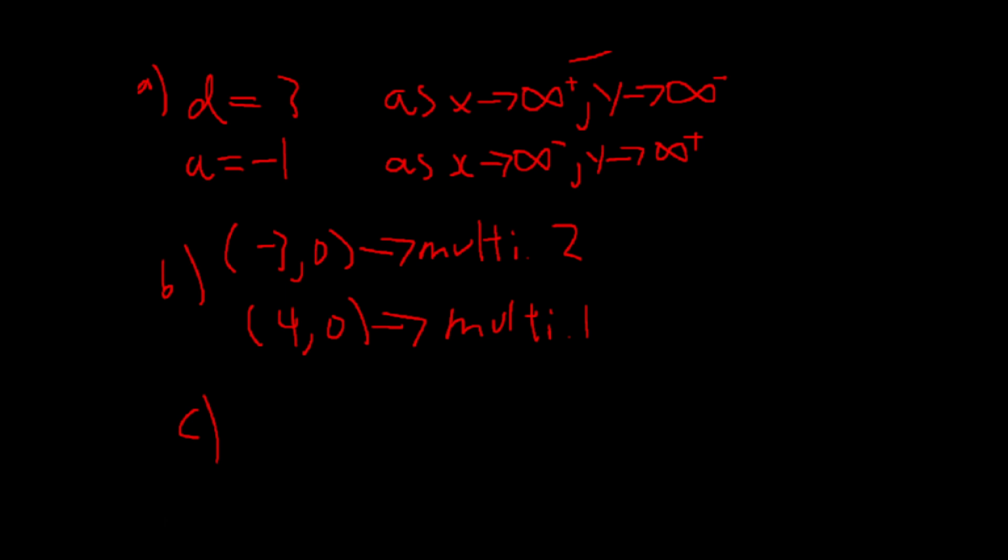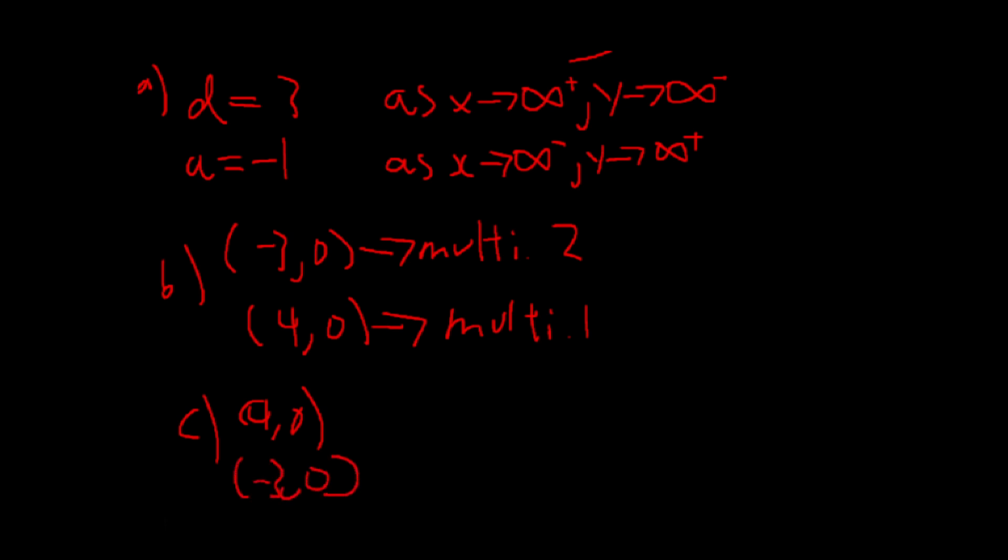C, describe the graph and justify the reason. So the graph will look, I don't really know how to describe it, but it'll go straight down through the x-axis at 4, 0, and it'll bounce off an x-intercept at negative 3, 0.